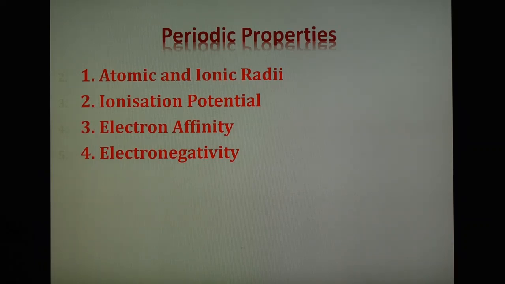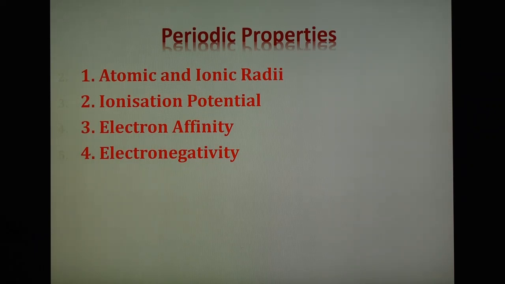This means arranging the elements in such a way that similar elements are placed together while dissimilar elements are separated from one another. This is known as the classification of elements, as we have already seen in the periodic table.